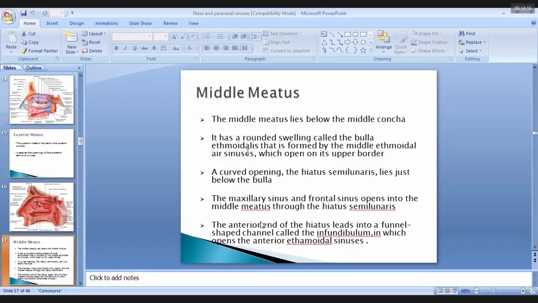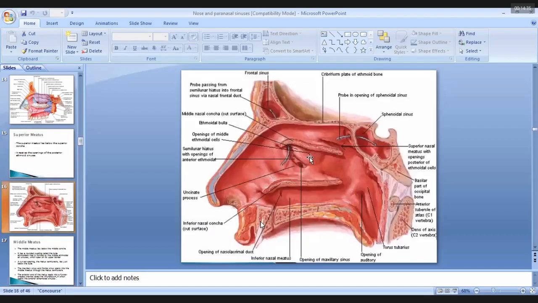This bulla ethmoidalis is formed by the middle ethmoidal sinuses, which open on its upper part. So the first structure in the middle meatus is a swelled structure known as bulla ethmoidalis. This is the swelling known as the bulla ethmoidalis in which the middle ethmoidal sinuses open.